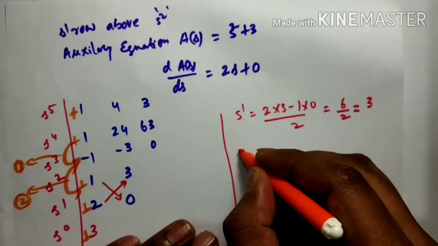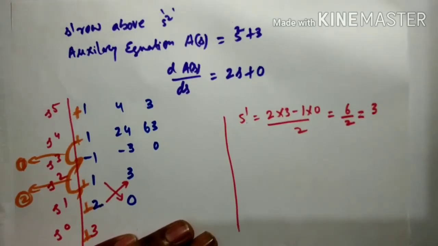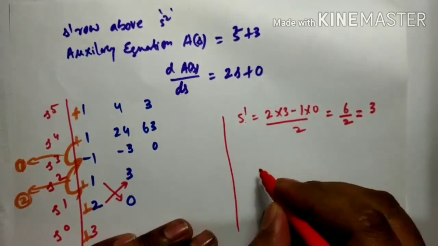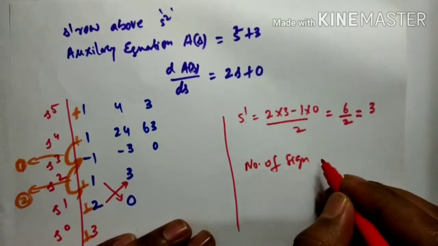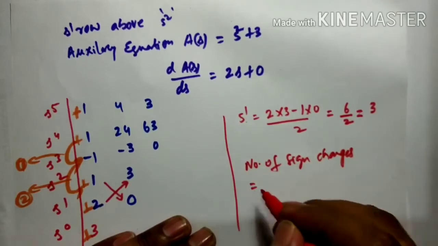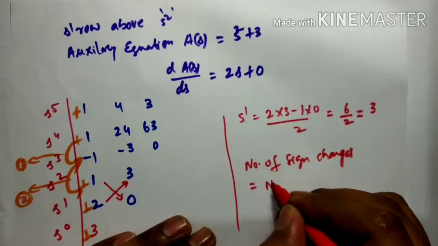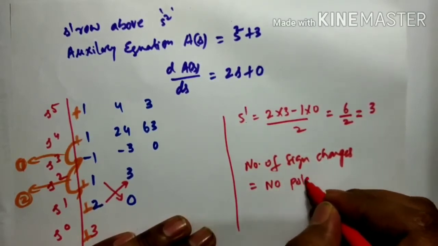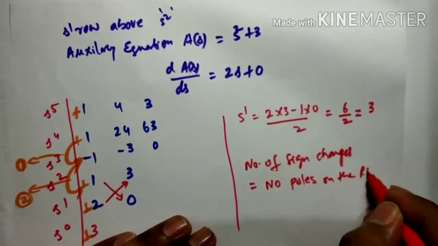What I explained last time, I told you the number of sign changes is equal to the number of poles on the right half of the S plane.